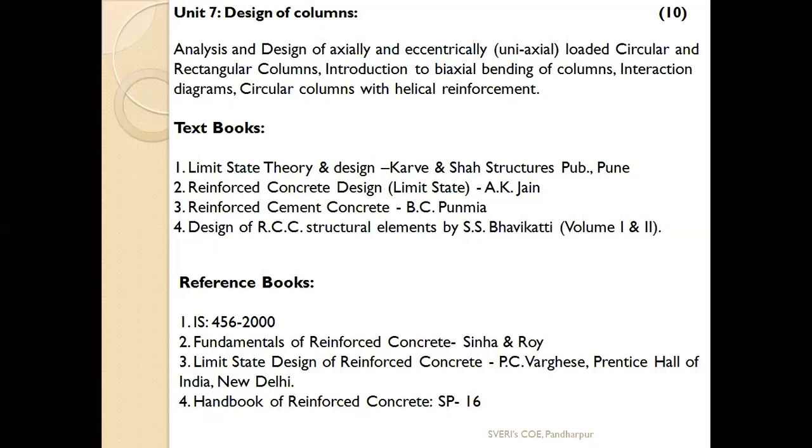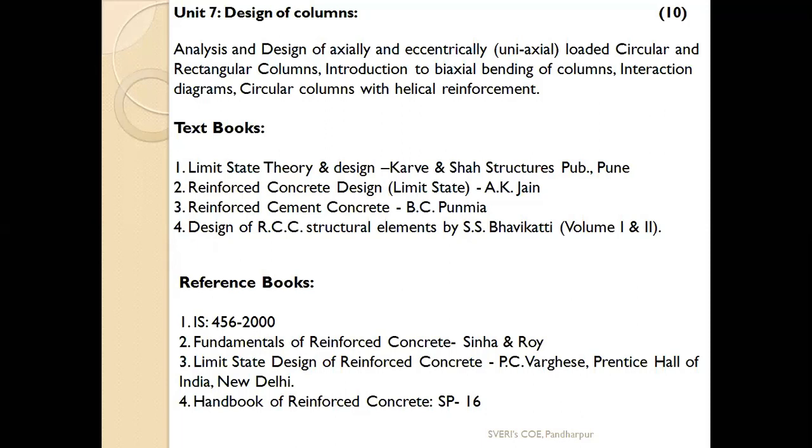Okay, and if the load is not acting exactly on the axis of the column, but it is acting at some distance apart from the centroid or axis of the column, then it is called an eccentrically loaded column, because that load generates some eccentricity or eccentric moment on that column. And that eccentric moment, we know that if the vertical load is P and the distance from the centroid is e, then your moment will be P into e.